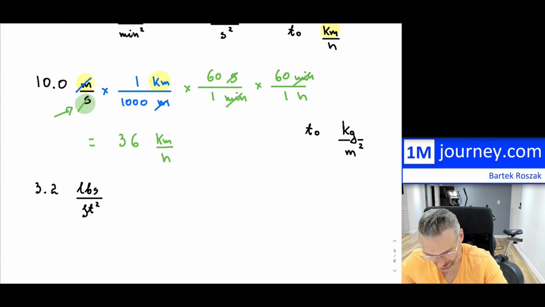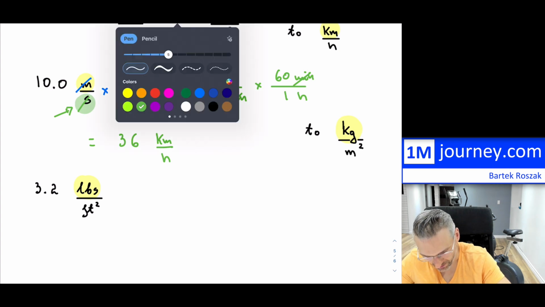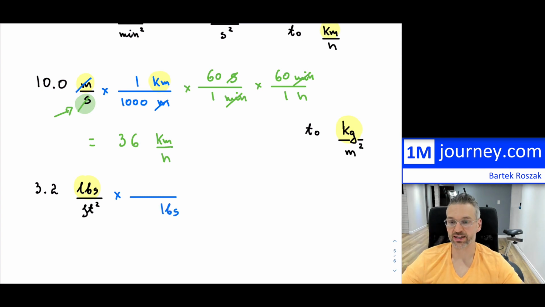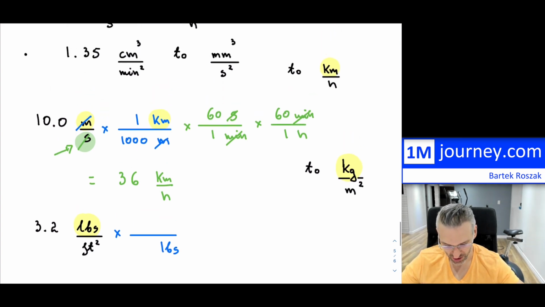So once again, my recommendation is, I have pounds and I want to have kilograms. So just one at a time. Let's first start off. I'm going to get rid of my pounds. I definitely don't want to have pounds, so I'll put that in the denominator. Now, what is given to me in terms of the ratios?